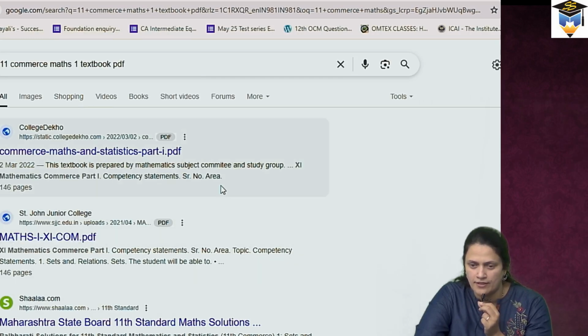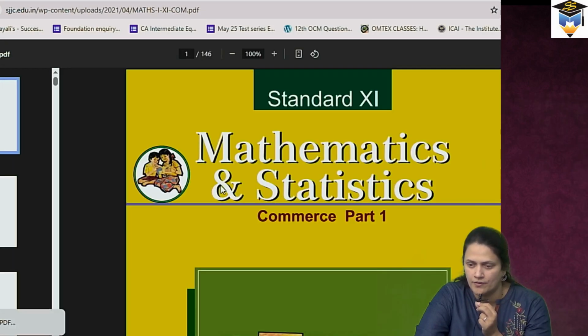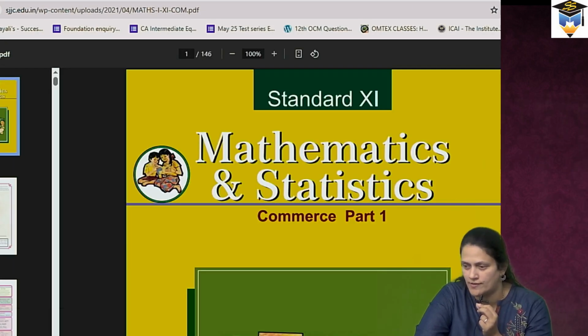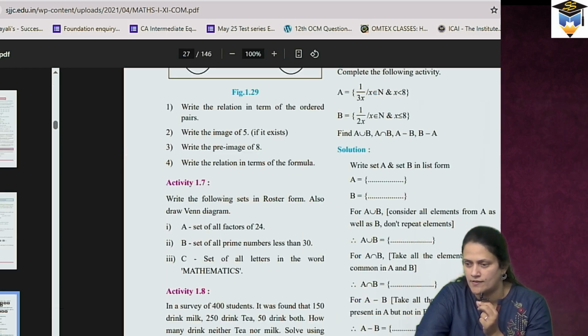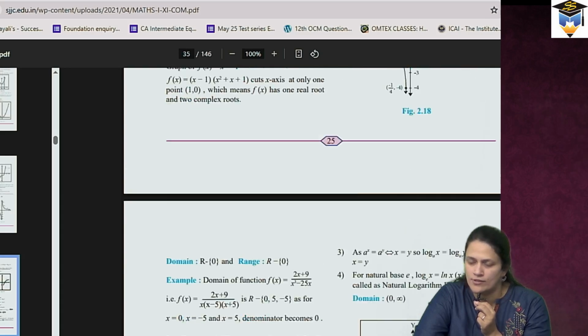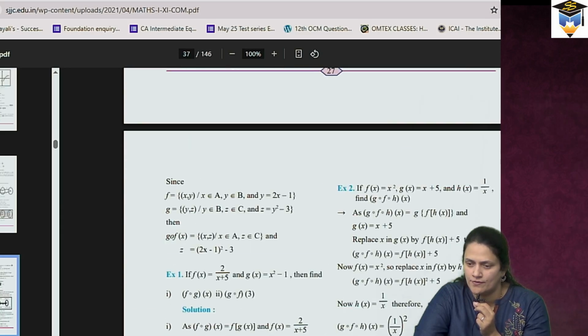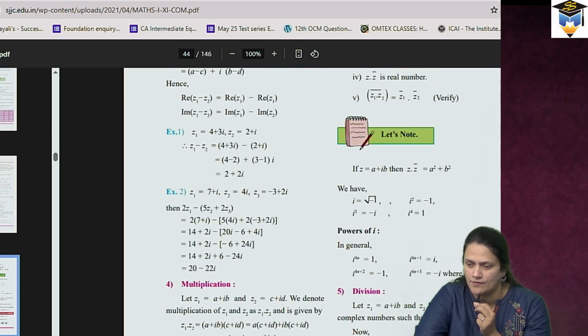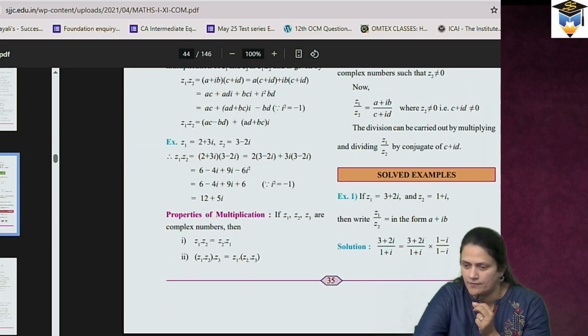Let me see if I am able to download it. Oh, good, perfect, so that I can show you the textbook also.